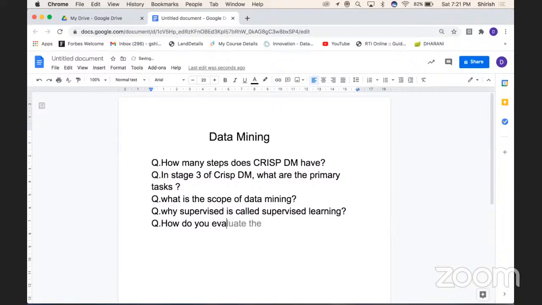How do you evaluate an unsupervised learning technique output?